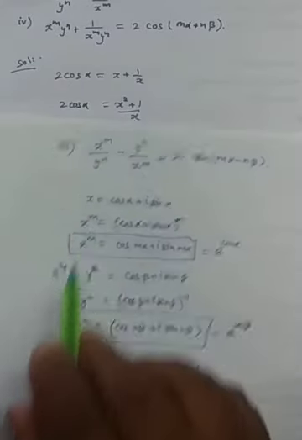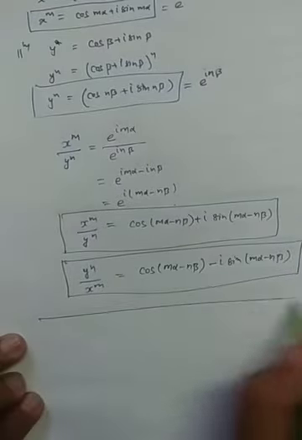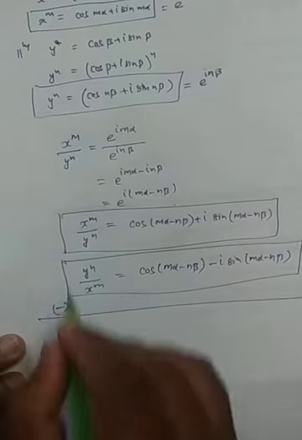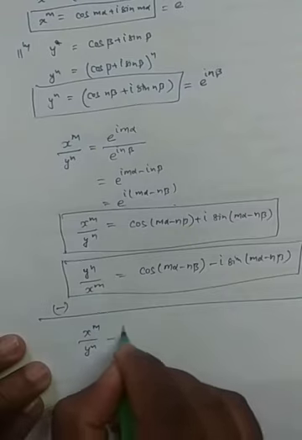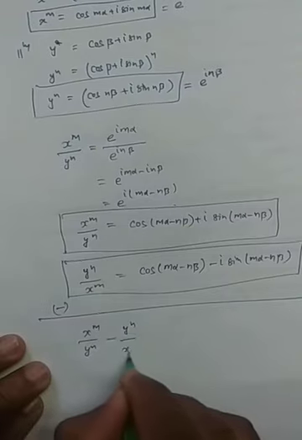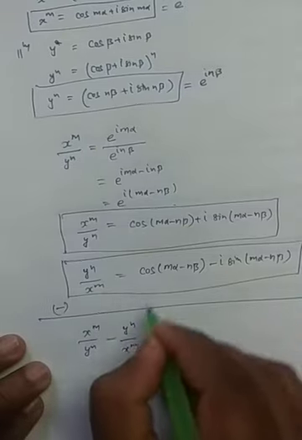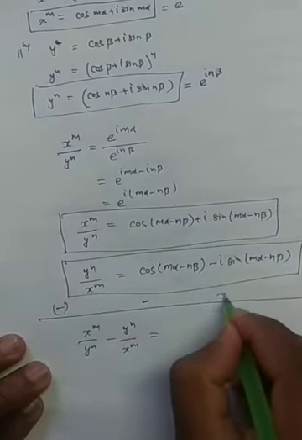Now in the question, we need to subtract. So this is x^m by y^n minus y^n by x^m. Since it is minus, minus, that is a plus.